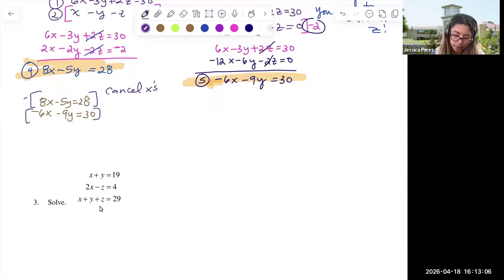I'm going to multiply the top by 3 and the bottom by 4. So the top is 24x minus 15y equal 28 times 3. Let's go ahead and multiply. What's 28 times 3? So we get 28 times 3.